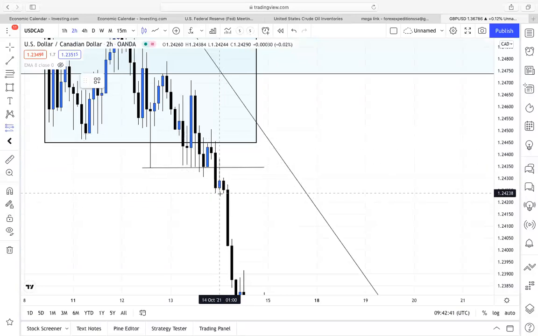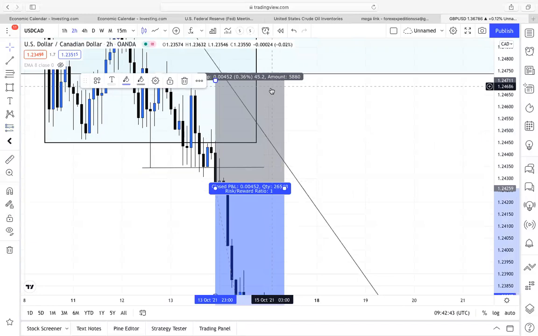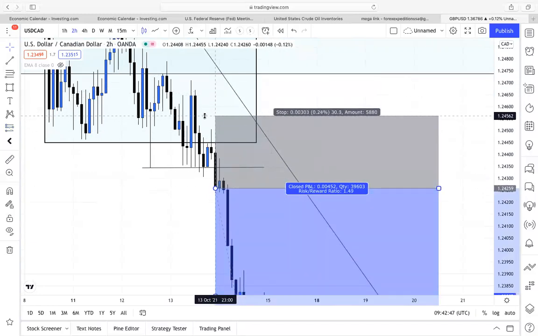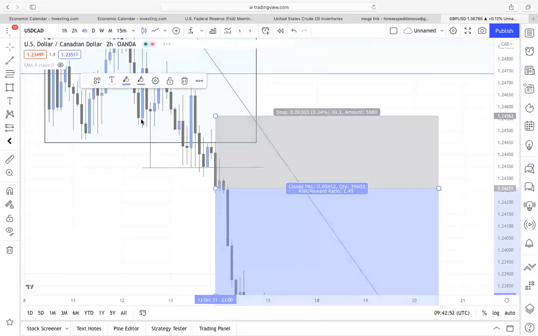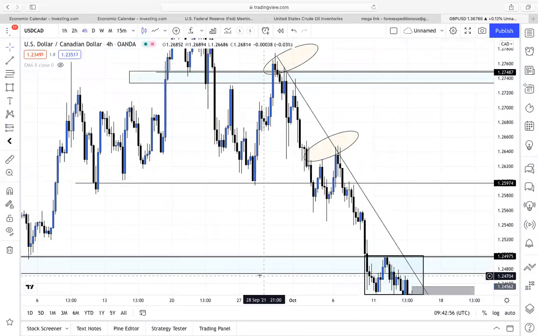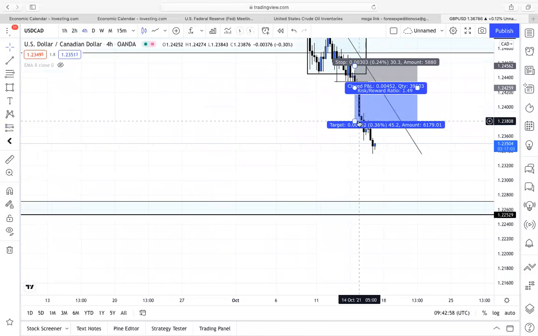First sign of bearish momentum. You enter with a sell. Your stop loss is going to be slightly above the previous high. Your next target point is going to be your next key area.